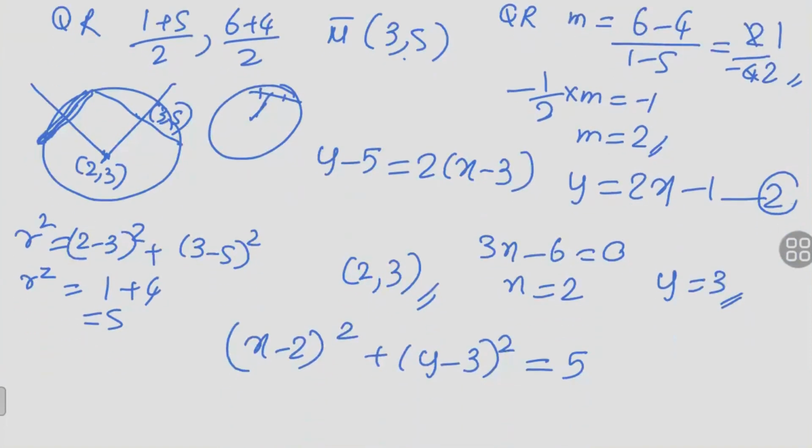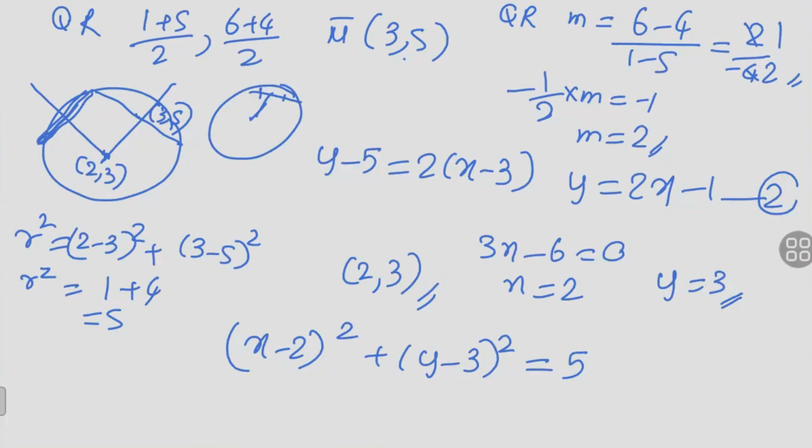This is the kind of way you should know to find the circle. Definitely one question like this will come, so remember the circle theorems you learned in O level, just to check whether you remember those theorems.